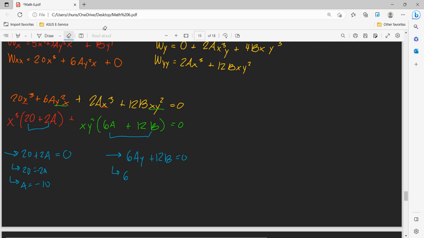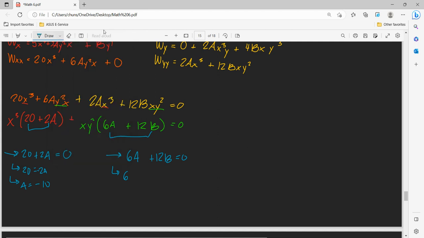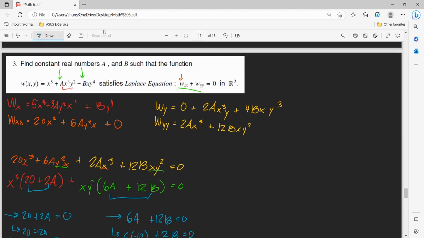This gets rid of our y term. Okay, so that's 6 times negative 10 plus 12b equals 0. So that's 60 equals 12b. And that means b is equal to 5. Okay, so we solved for our coefficients there, right? And those are the values that we can use that satisfy this equation.